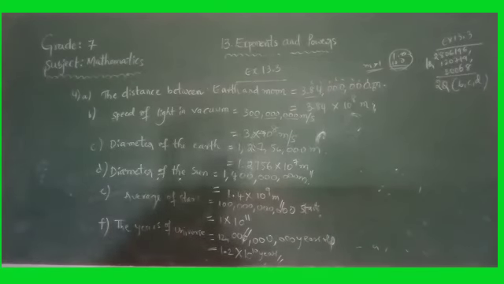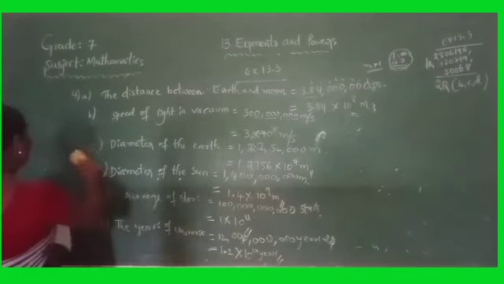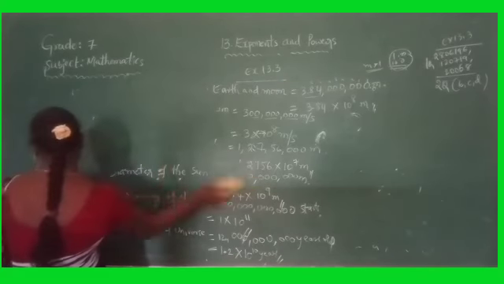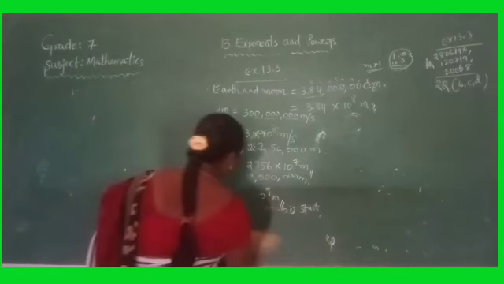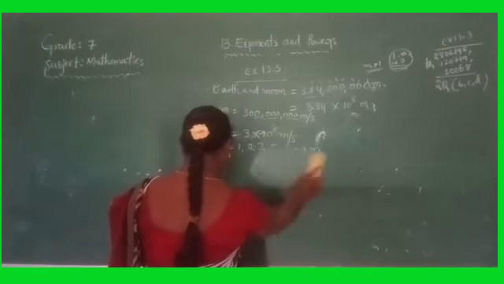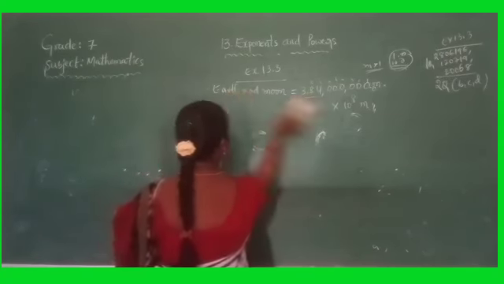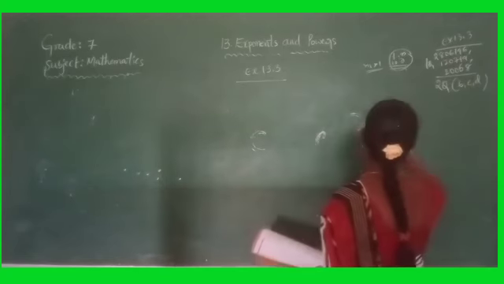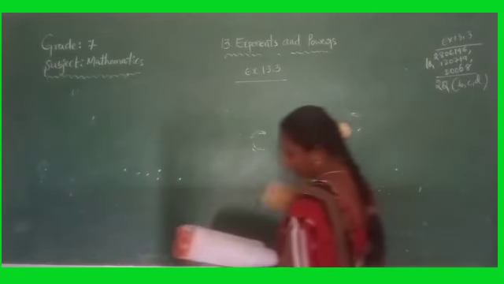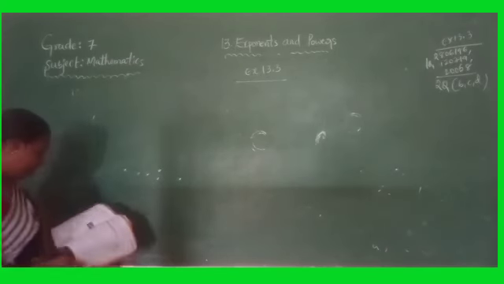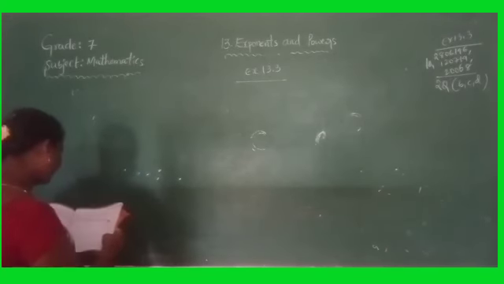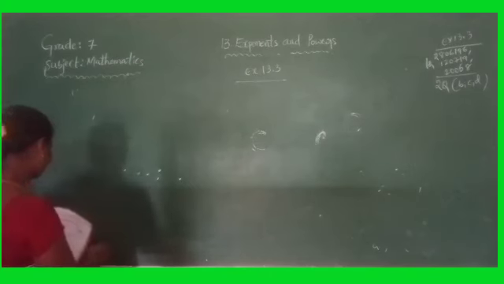See, G problem, that is the distance of the sun from the center of the Milky Way galaxy is estimated to be some number given. Okay, so we have to find the distance of the sun from the center of the Milky Way galaxy.